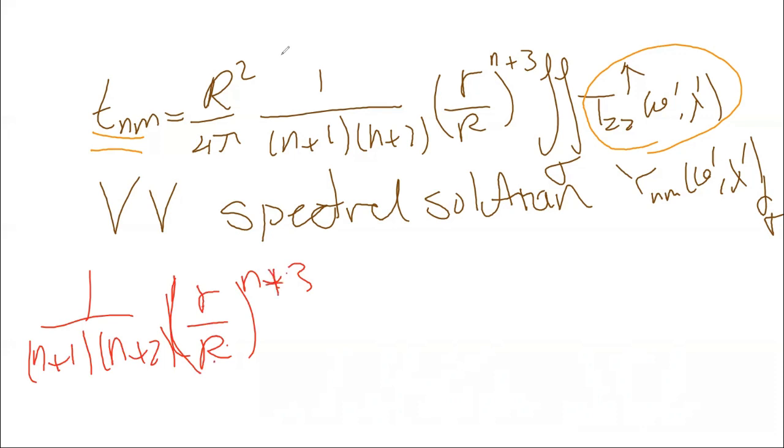When it gets power n, it will start amplifying the frequencies by n. When n increases, the amplification increases. And the problem is that if you have any noise in the data, the noise will be amplified as well. So the amplification will be much faster. And when we have n plus 1 and n plus 2 behind it, since they are in the denominator, they will reduce the amplification power. So it means that you have more chance to recover high frequencies from T_zz.